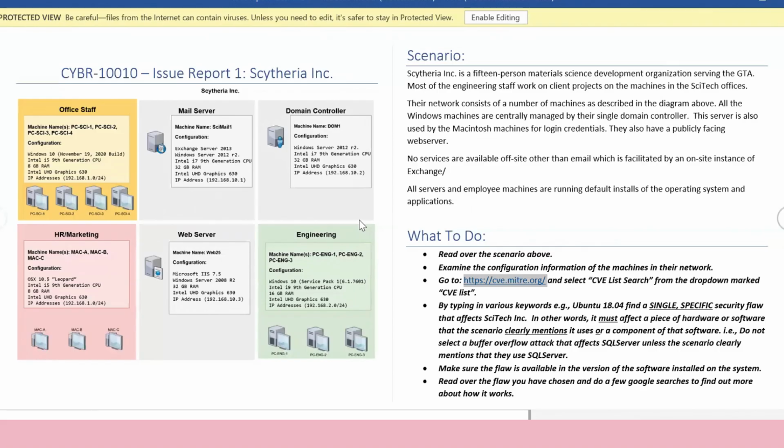Yeah, so let's go back to the diagram. We're just going to look for anyone that would possibly have a vulnerability. If I am a malicious actor or a threat actor that wants to gain access to their infrastructure or network, or I'm looking for a point where I can infiltrate that will give me access to every other thing, I think what I'll target first is the web server, because you said they have a publicly facing web server.